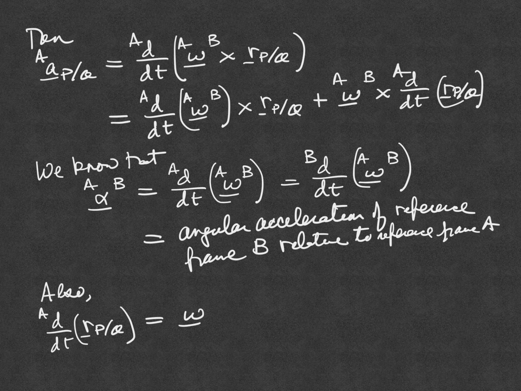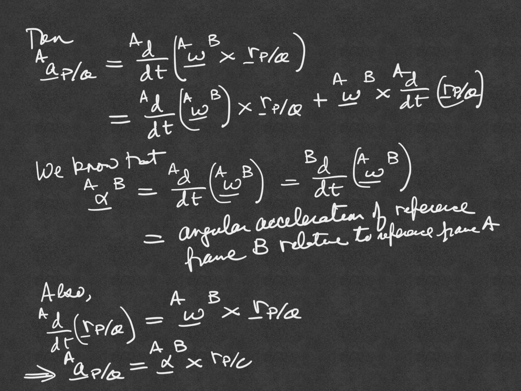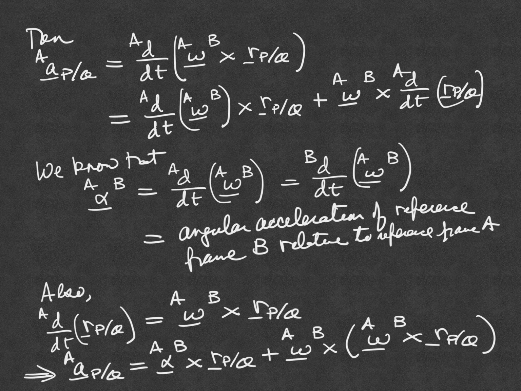That's equal to omega BA crossed with the position of P relative to Q. So now we can substitute all of that into this expression for the acceleration of P relative to Q in A, and we get alpha BA crossed with the position of P relative to Q plus omega BA crossed with omega BA crossed with the position of P relative to Q. Now, you'll notice that in both these expressions, so let's put these expressions alongside one another so we can actually see them, that the difference in velocity and the difference in the acceleration.